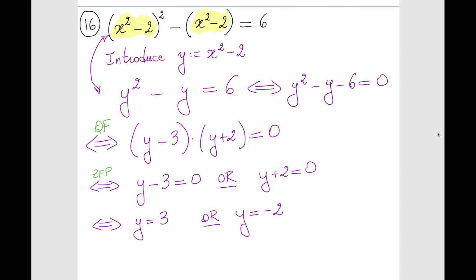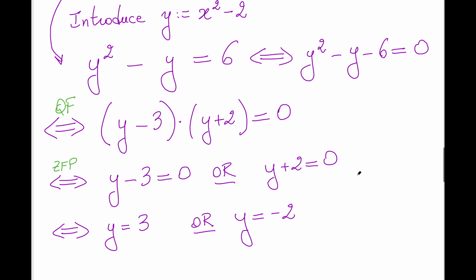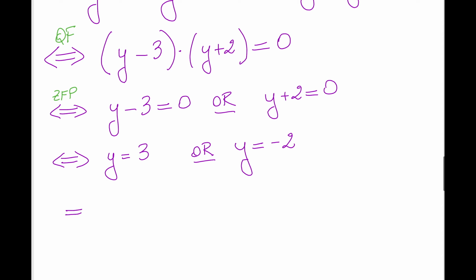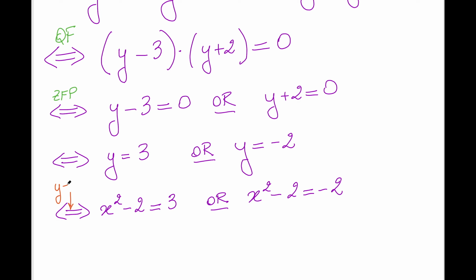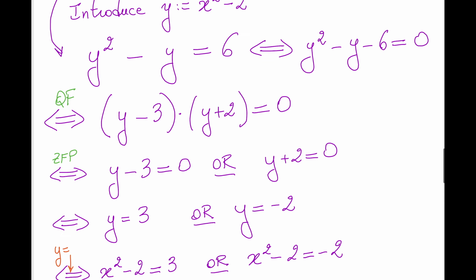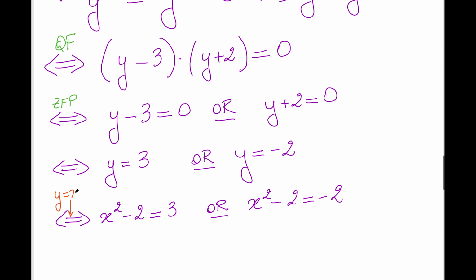So this means x squared minus 2 is equal to 3, or x squared minus 2 is equal to negative 2, because y, based on our introduction, was x squared minus 2. So we get this.